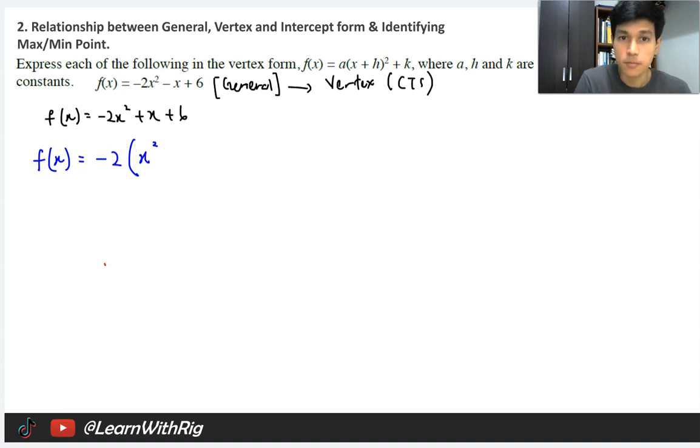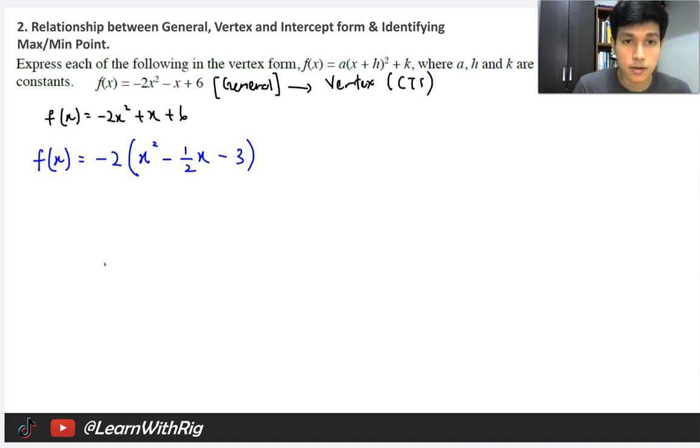That's what you're looking for. Before you do completing the square, the a value here must always be 1. So you factorize the negative 2, you should get x squared minus 1 over 2x minus 3, bracket closed. So this should be your factorized answer.